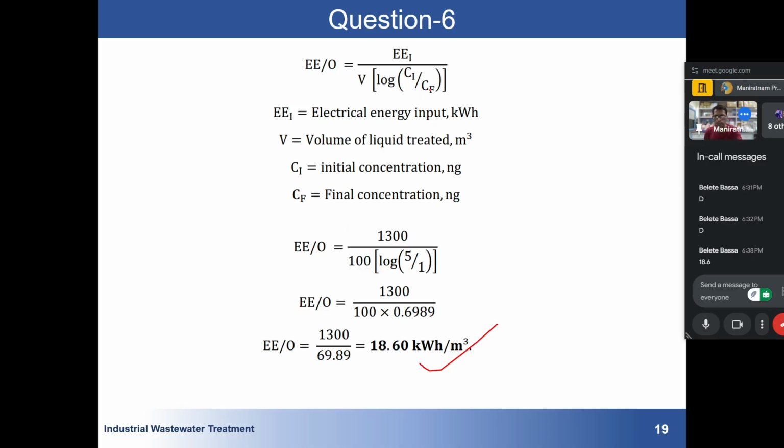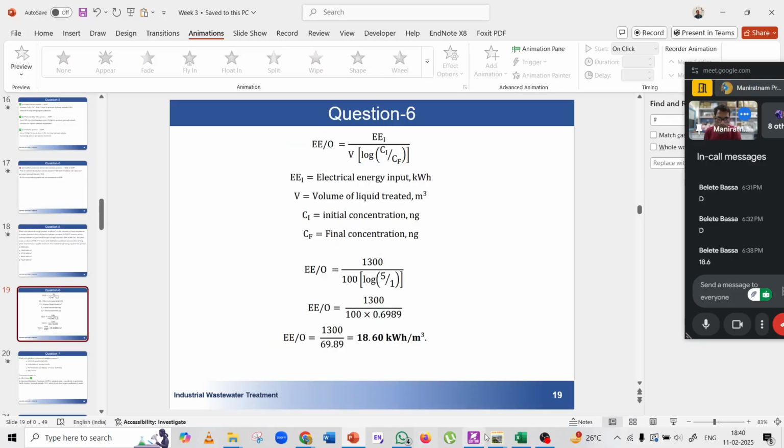I think there is a proof for this thing also.